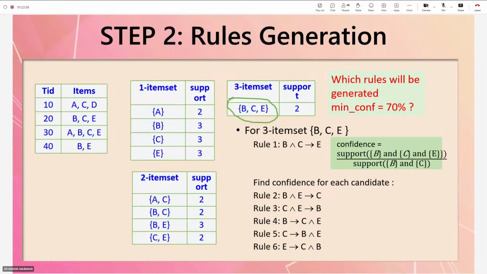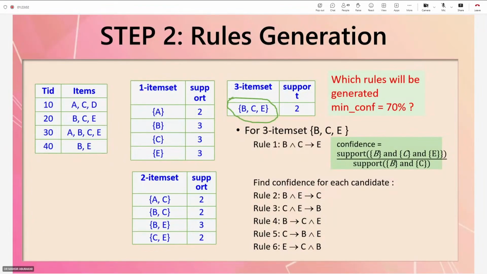Wherever there is B and C at the same time, we have E. Here we have E, but we don't have C, so this is why it's not considered. So it is 100% confidence that where there is B and C, there is a purchase of E item.